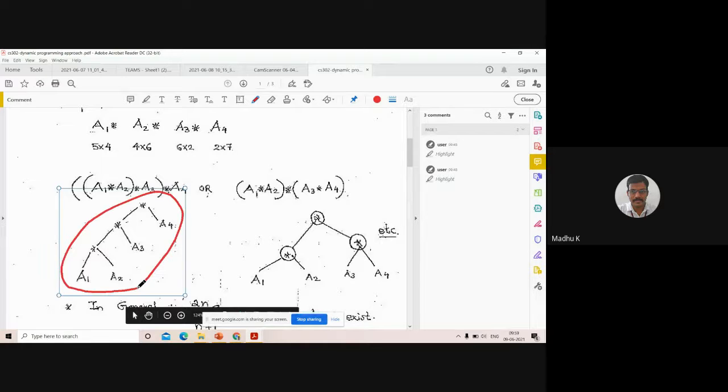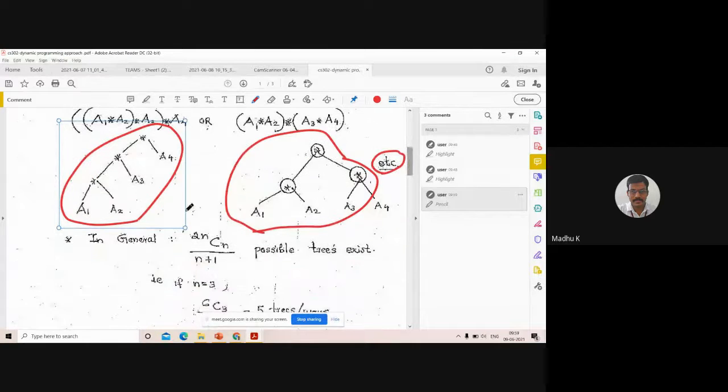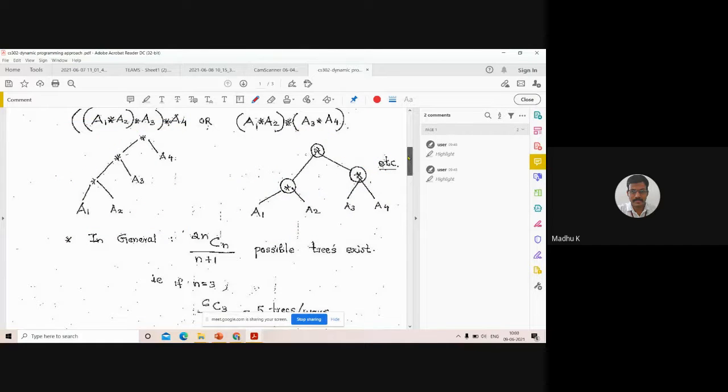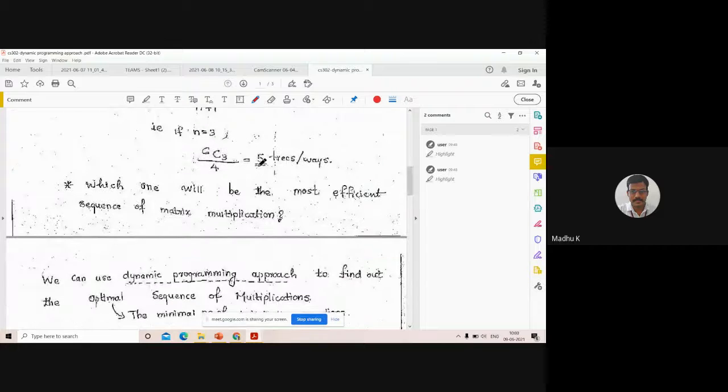This is one possible type of multiplication, this is another type, and three more types are there. Then the problem is to find out which one of them contains the minimum number of scalar multiplications. That is the chain matrix multiplication problem. Which one will be the most efficient sequence of matrix multiplication?